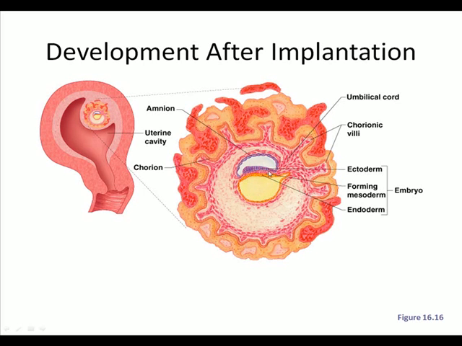So the three early stages of embryonic development are called the ectoderm, which will eventually become the nervous system and the skin. The endoderm, which will eventually become the mucosa and various glands. And then in the center is the mesoderm, which will become muscles and some connective tissues.